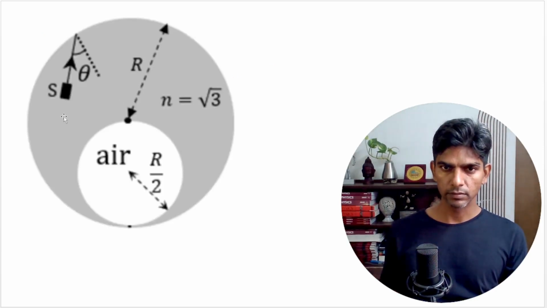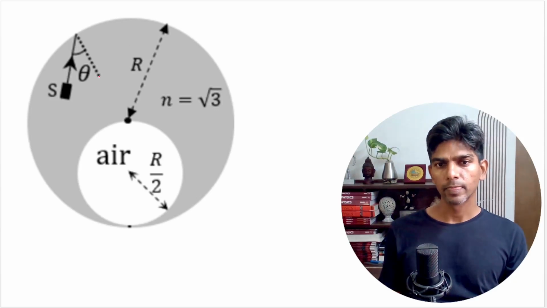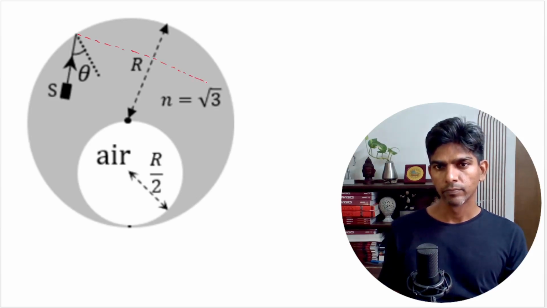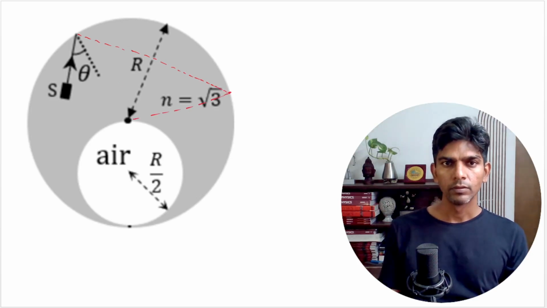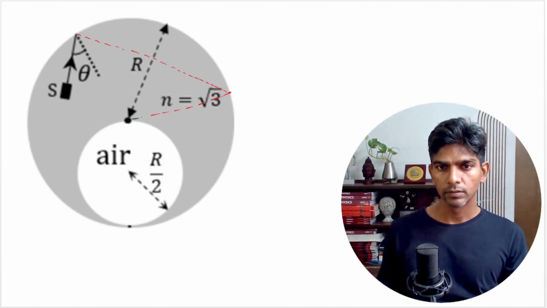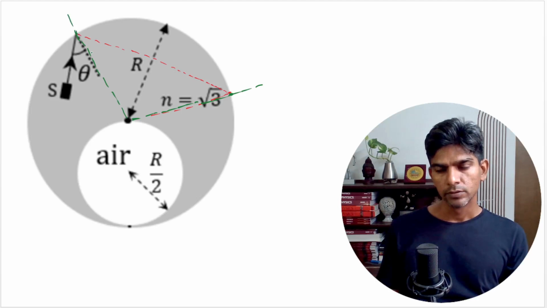Okay, right. So let us plot the ray diagram here. So here after reflection, so this is the reflected ray. Okay, let me show the normal with green color. So that is the normal at this particular point. So the angle of incidence will be equal to the angle of reflection. So this is theta, this angle is also theta, right?